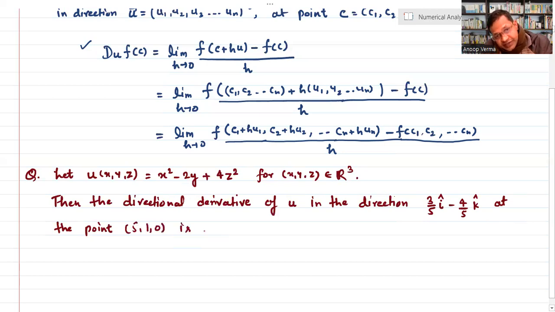What will be the directional derivative? We have to find it. The exam was asked in a quiz, I think it is a problem from 2000.